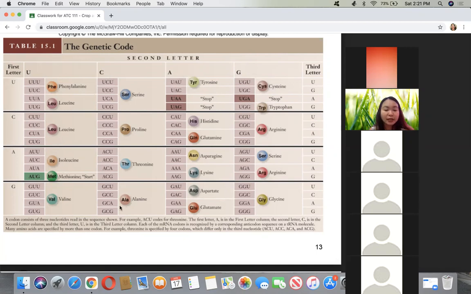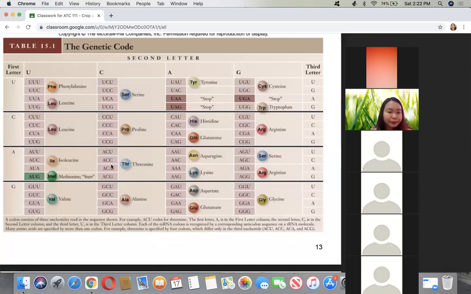Which has three nucleotides each. So, for example, threonine is specified by 4 codons which differ only in the third nucleotide, yung ACU, ACC, ACA, and ACG. Etong threonine, etong mga C dito, actually they have all 4 na codons, no? Tag-aapat sila, hindi lang threonine.